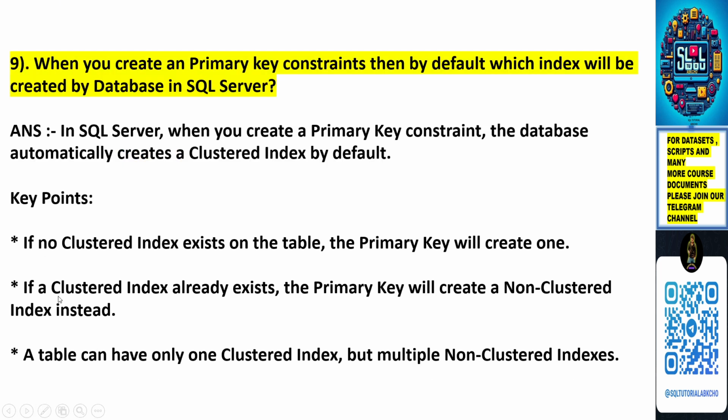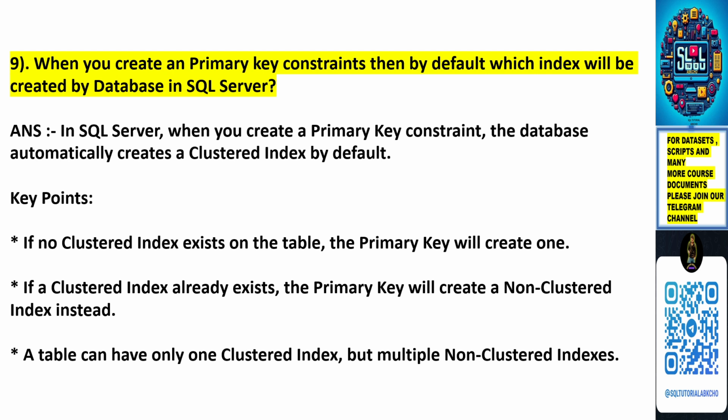So next, the ninth question. When you create a primary key constraint, then by default which index will be created by the database in SQL Server? So the answer for this is, in SQL Server, when you create a primary key constraint, the database automatically creates a clustered index by default. And the key points are: if no clustered index exists on the table, the primary key will create one.